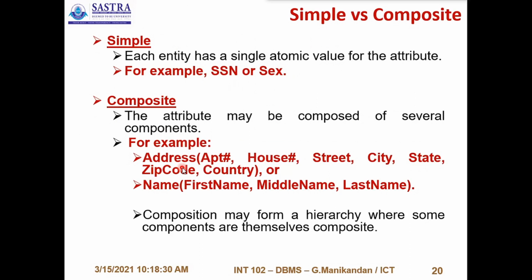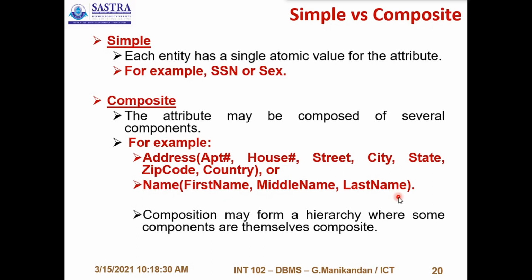Further, you can decompose this address, forming a hierarchical structure. With respect to a person name, an employee name or a student name, I can decompose this name into subcomponents: first name, middle name, and last name.